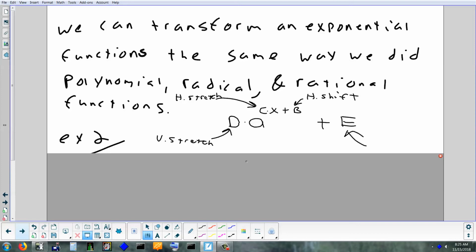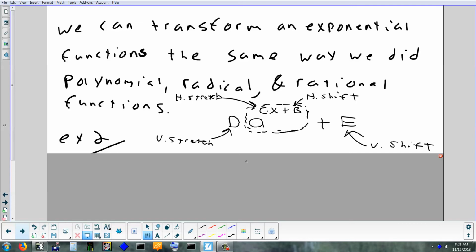E is outside, and when I say outside, I mean outside this, what I just circled, that's the exponential. C and B are inside the exponent of the exponential, so those are inside. D and E are outside. Vertical shift. It's exactly what we did yesterday.